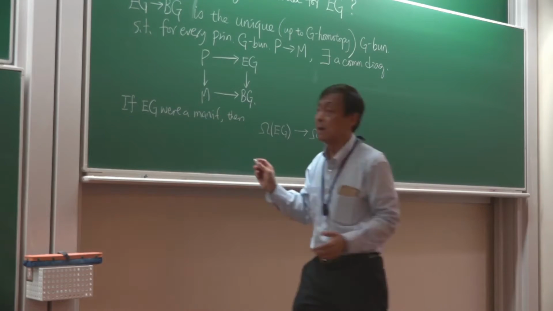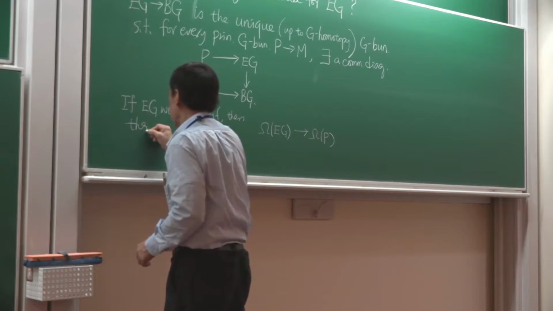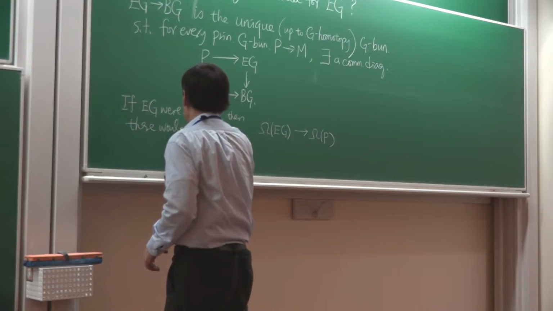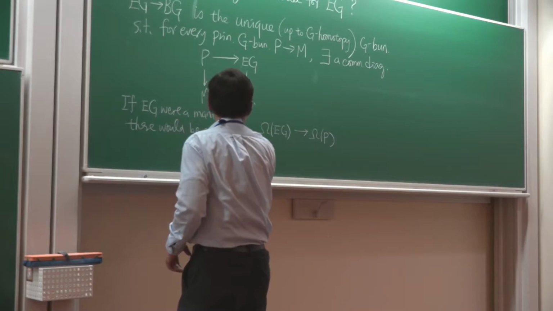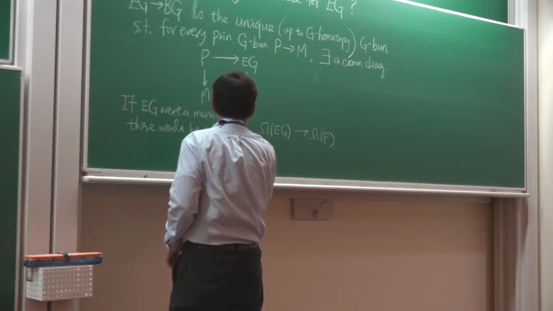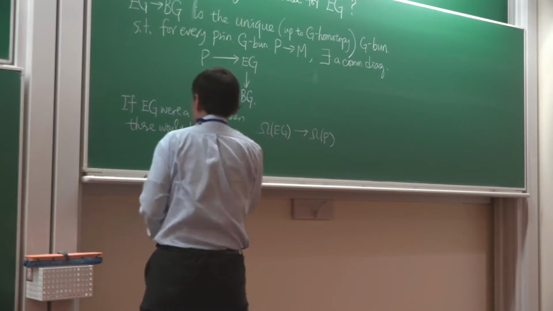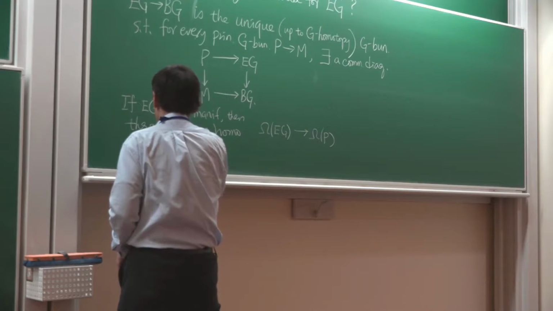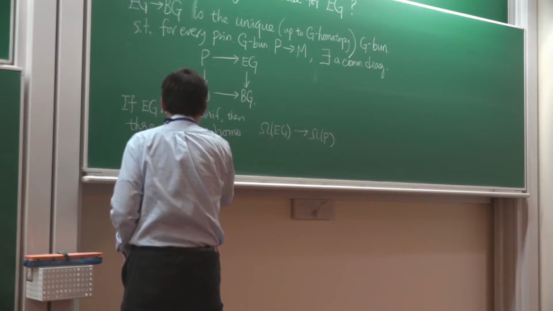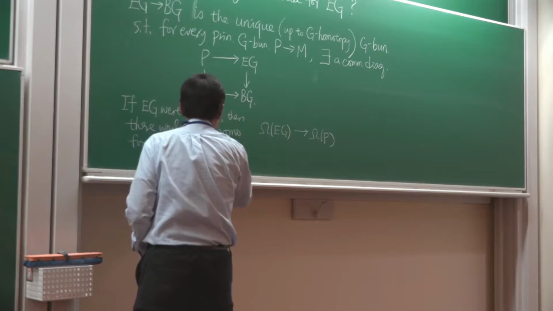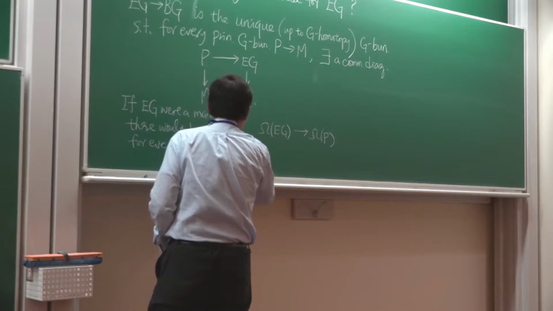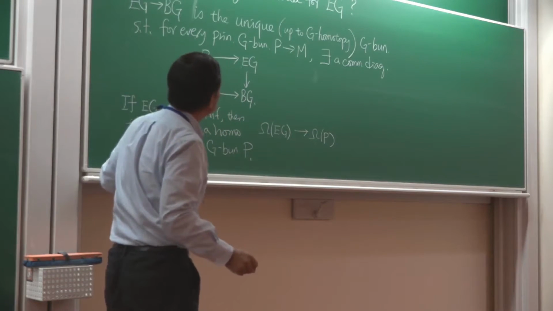So there would be a map like this. There would be a homomorphism for every principal bundle. Okay.